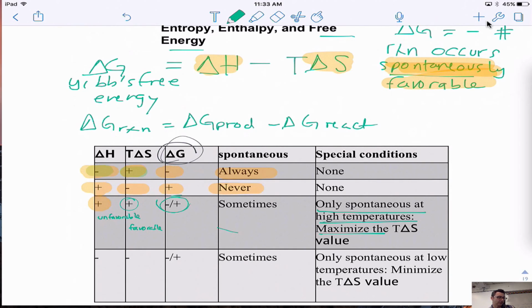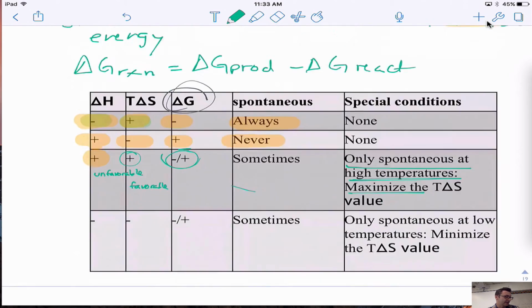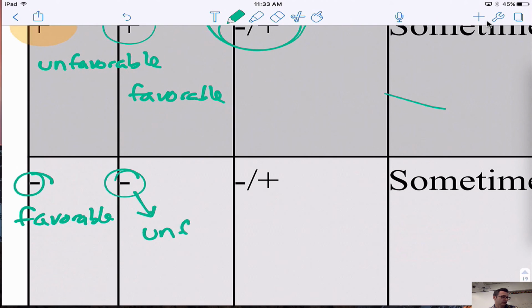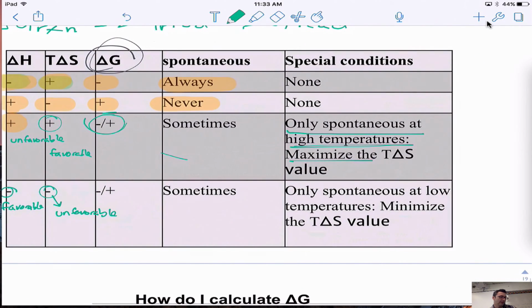If you had a situation where they were both negative, now you have the opposite happening. Now you have this condition being favorable and this condition being unfavorable. So the delta H is favorable, the delta S is unfavorable, and that will be spontaneous only at low temperatures. And we can go over specific examples in class to see that.